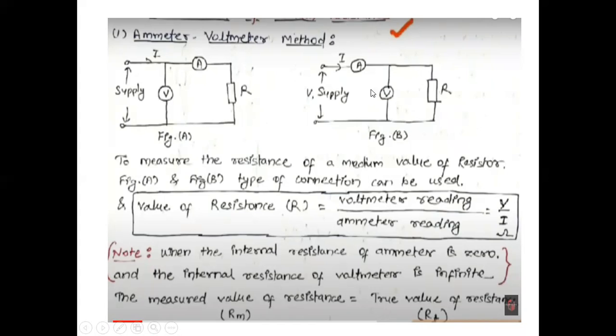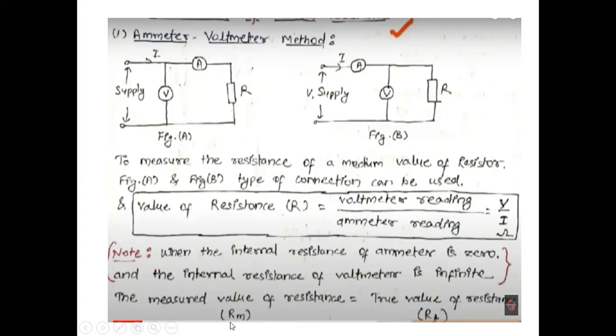There are two ways of connecting the ammeter and voltmeter. Suppose the voltmeter is connected before the ammeter and the ammeter is connected after the voltmeter. This is the first method. In the second connection, the ammeter is connected first and the voltmeter is connected after the ammeter.